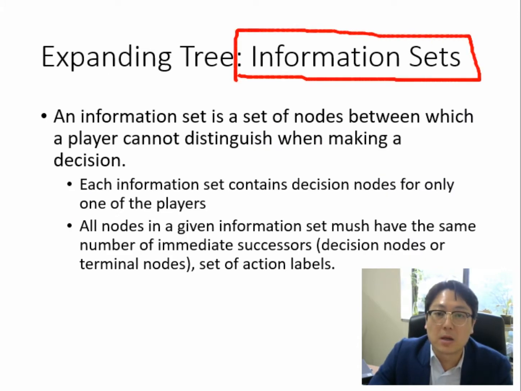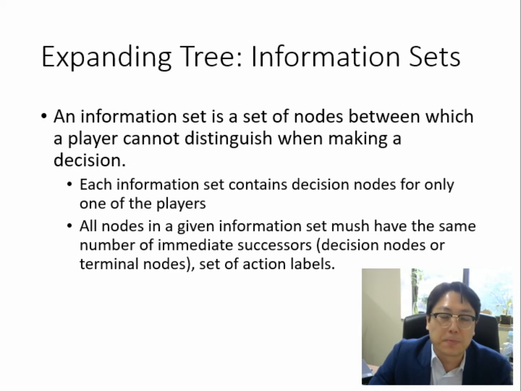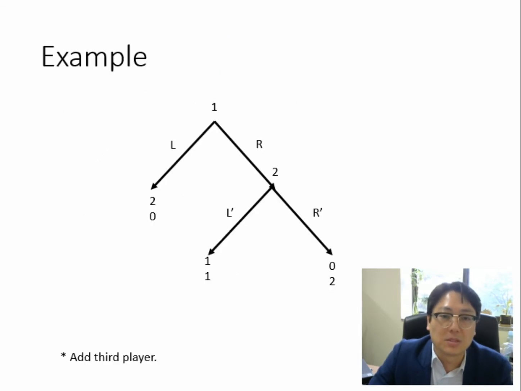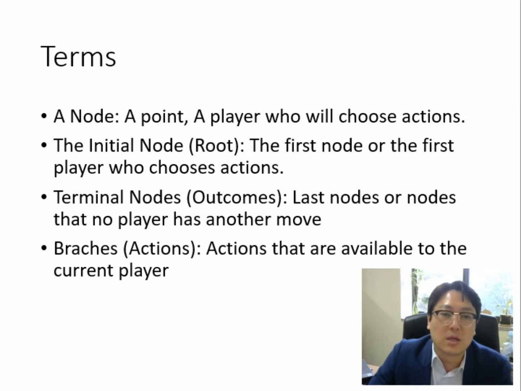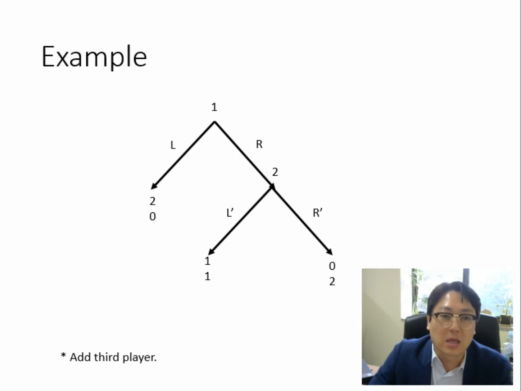In order to explain this part, I need to introduce a new concept called information set. But to understand the information set, you need to be familiar with concepts and names, like nodes, initial node, terminal nodes, branch, and strategies.